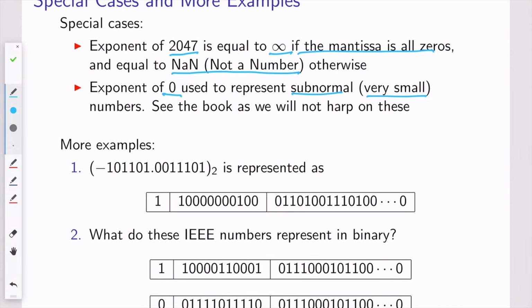Okay, so you can do a few more examples if you want. We could take this binary number, and in floating point form, this would have 1 as the sign because it's negative. And then the mantissa needs to capture these digits here.